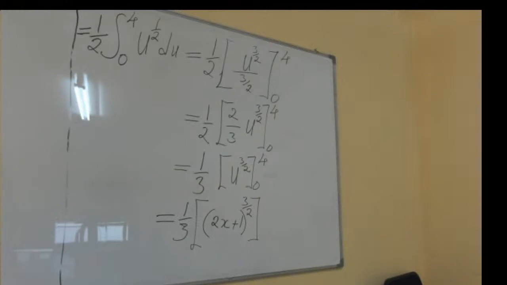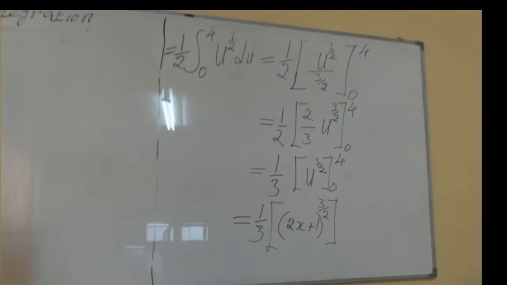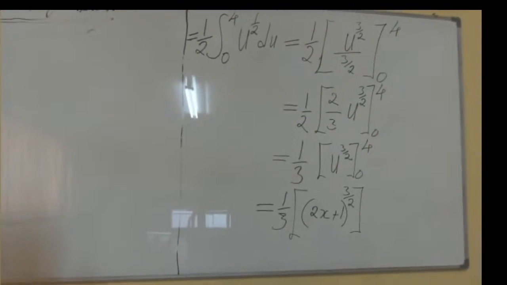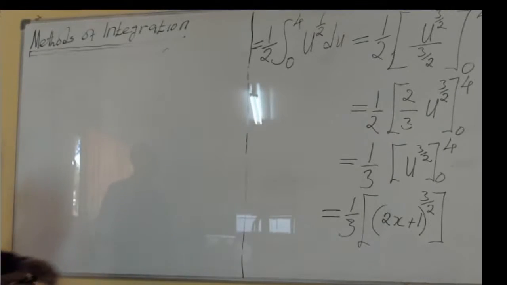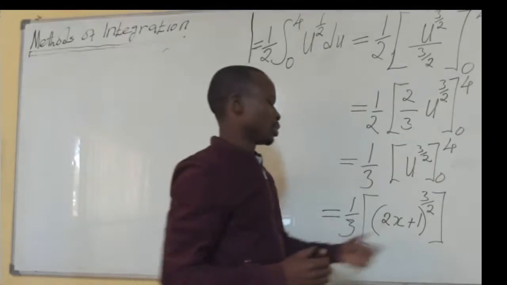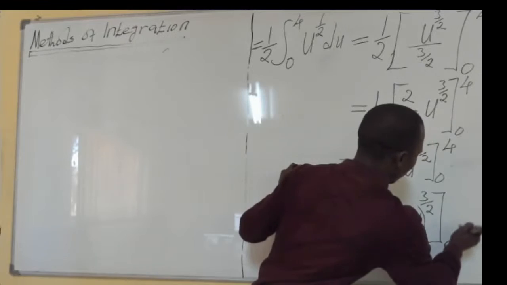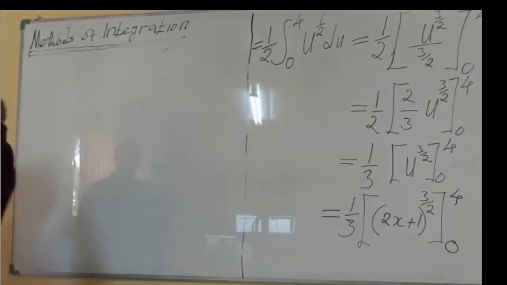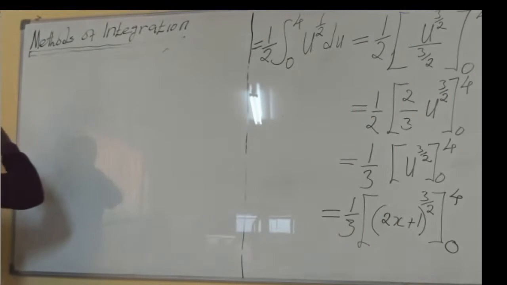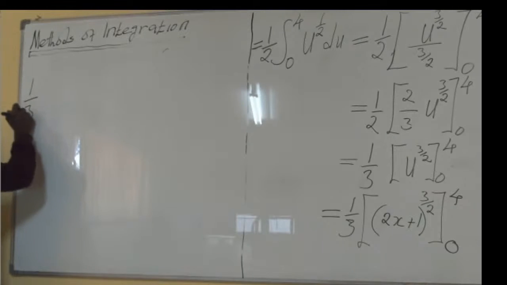Please, before you substitute the limits of integration, make sure that you find your u. Make sure that you substitute where there is u. Oh, sorry, 0 to 4. Where there is u, substitute it by the original function, after which you're going to substitute your limits of integration.